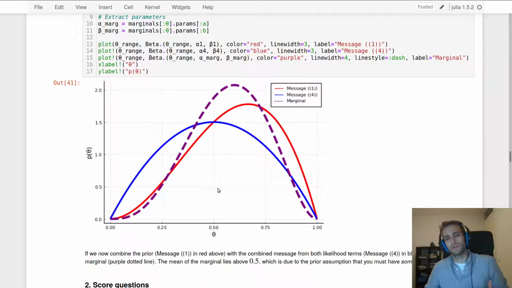Your company already assumes that your skill level must be somewhere in this range, probably if you intend to apply for this position. And then you got two questions, one right, one wrong, which pushes you towards maybe this guy or girl guessing at random. The overall picture produces a marginal where you do assume that this person has skill, but it's less than the prior. It's an average of the observations and the prior.